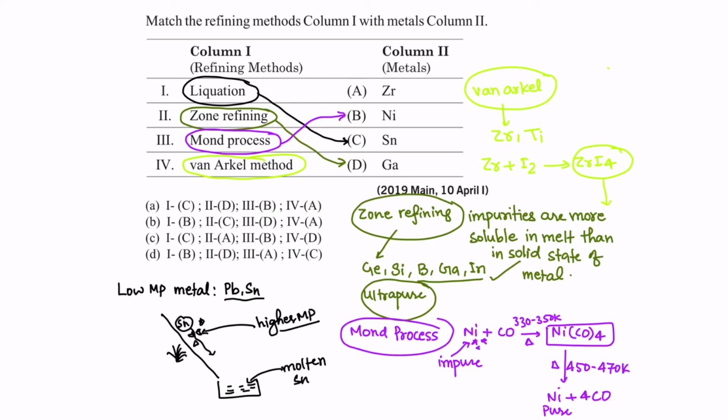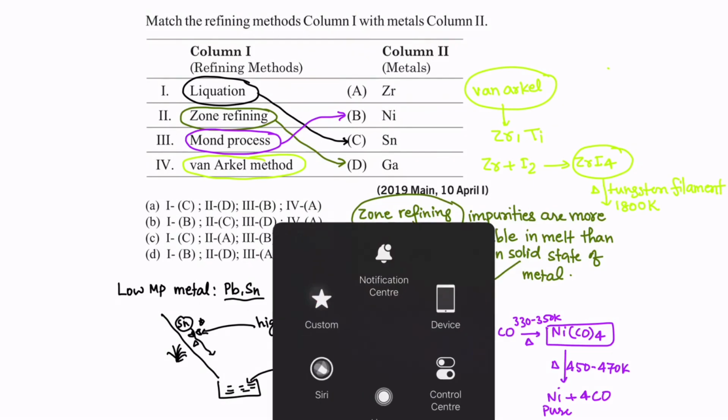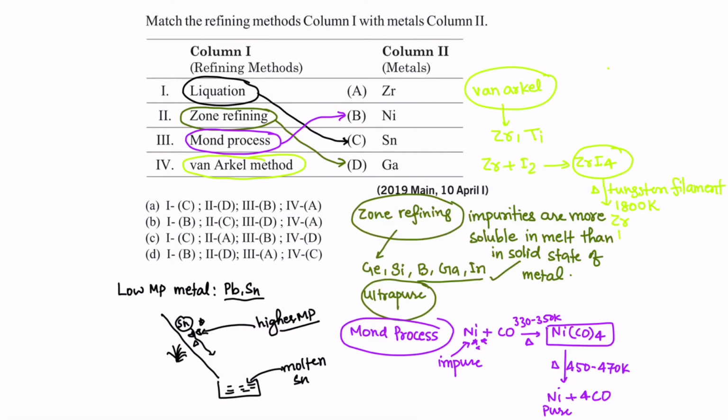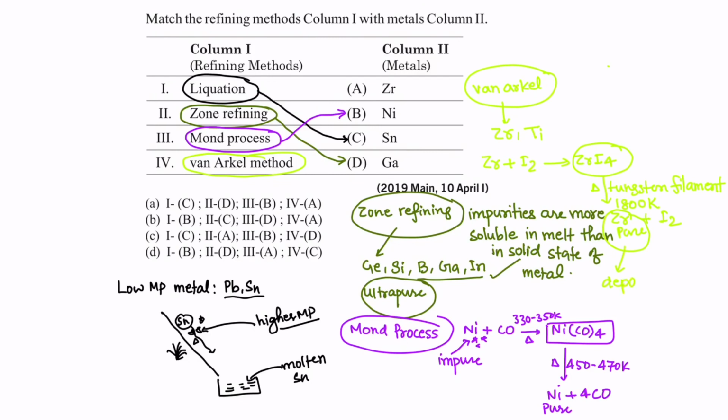Then we decompose it on further heating using a tungsten filament. Here the temperature of heating is far more than in the Mond process, approximately 1800 Kelvin. Then this complex decomposes to pure zirconium metal plus I2 vapors. The pure metal obtained gets deposited on the tungsten filament. So this is going to match with E.